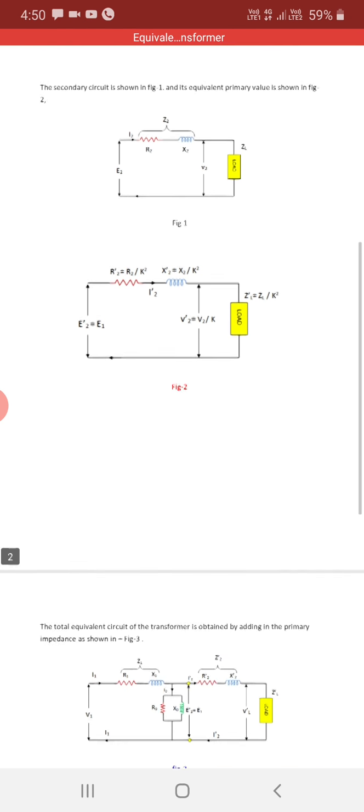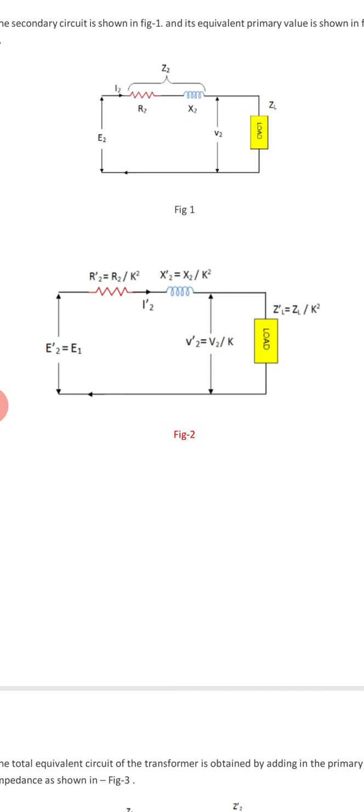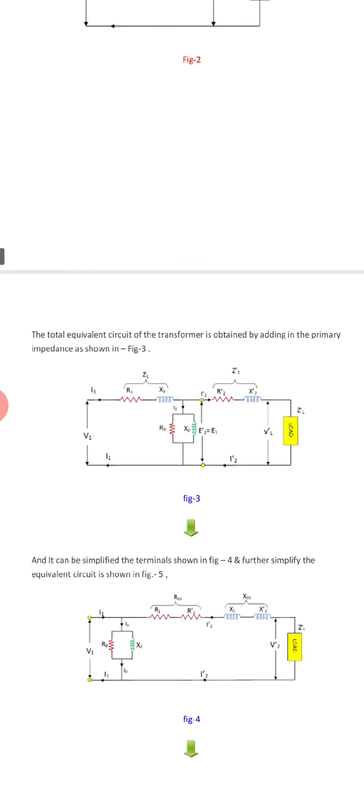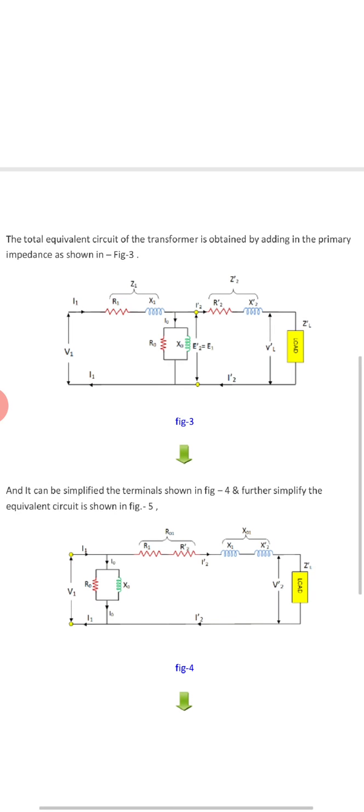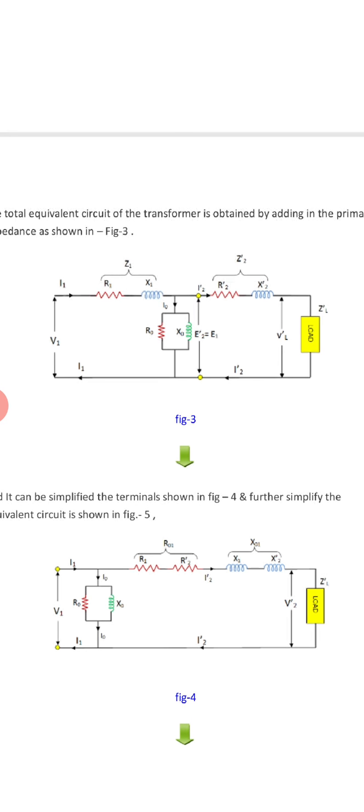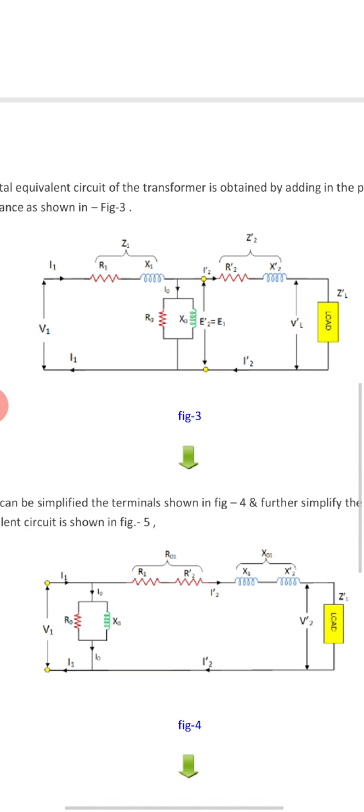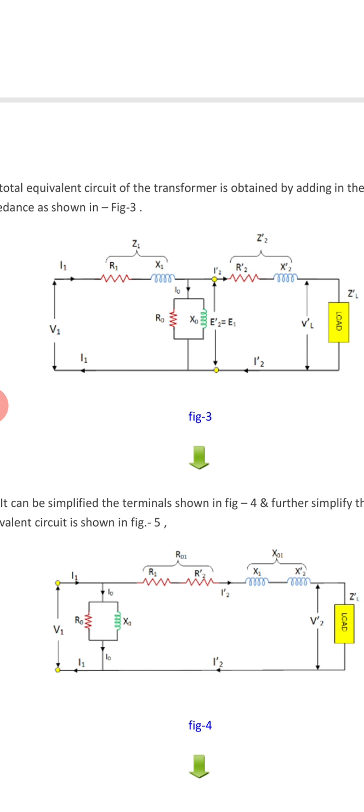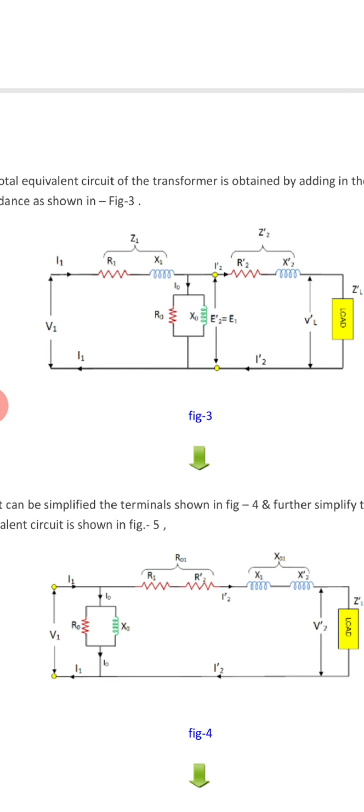And when these secondary parameters are transferred to the primary winding, the circuit becomes a simple one and it looks like this. The total equivalent circuit of the transformer is obtained by adding the primary impedance. Here it is shown. So here we have two impedances, Z1 and Z2 dash.